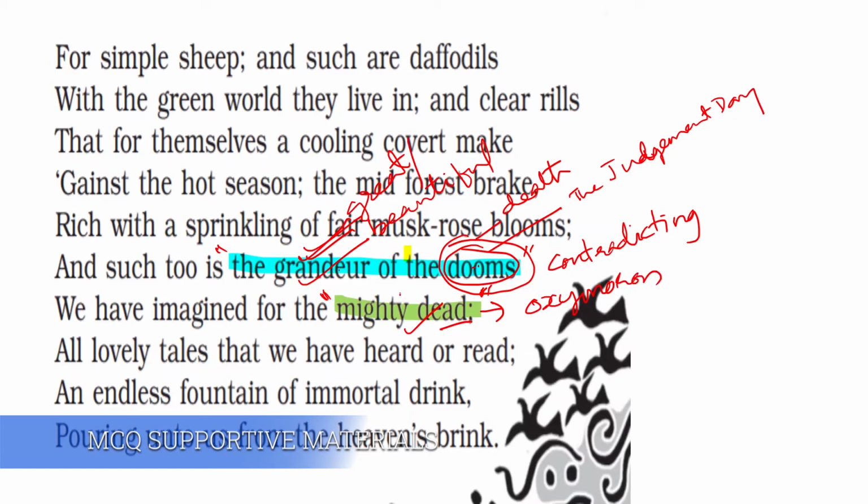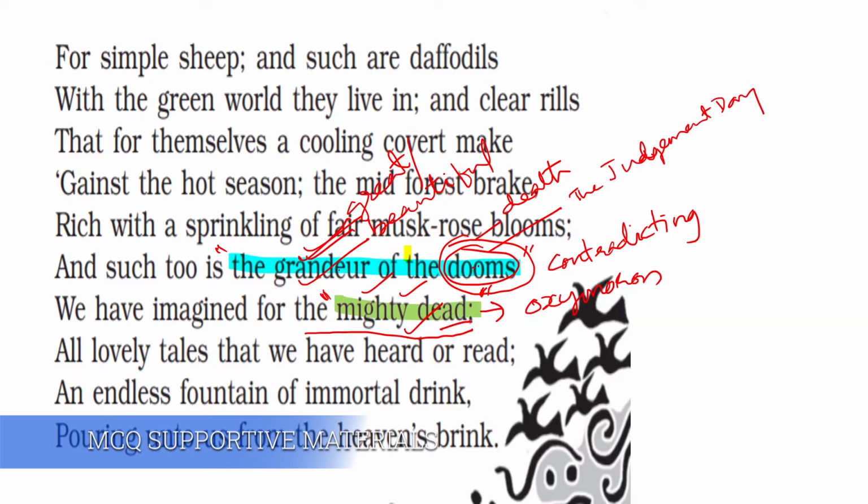Why is it mighty dead? Because the heroic deeds of our ancestors will never fade away. They will remain mighty. The people become the mighty dead. Because what made them mighty dead?